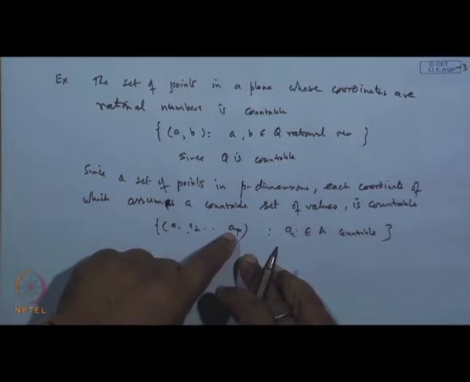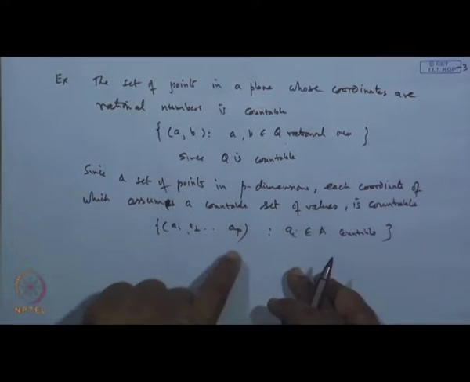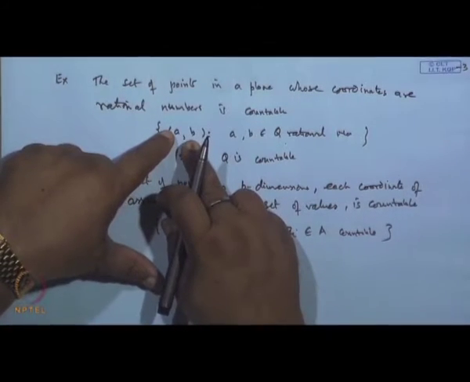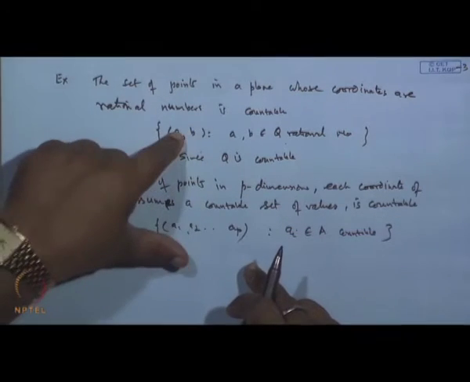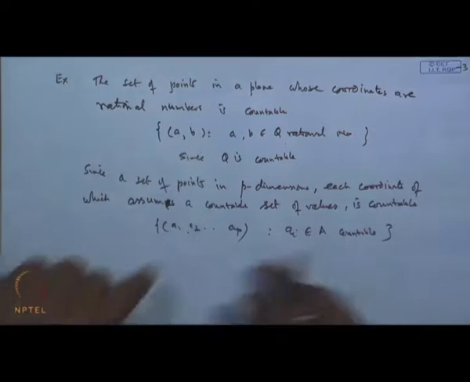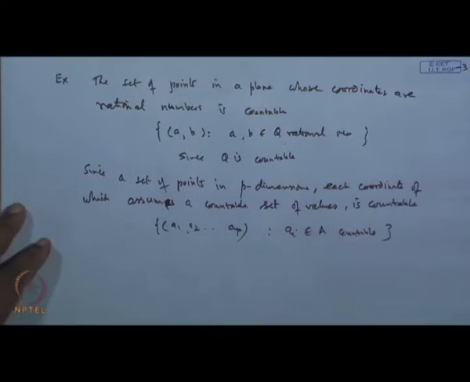Then we have assumed it for up to p minus 1, and for p, when you write the point, it is of this form, called an ordered pair. Then when you fix one value, the other values keep on changing. So, it is a countable set. This we have already discussed, and this is countable.